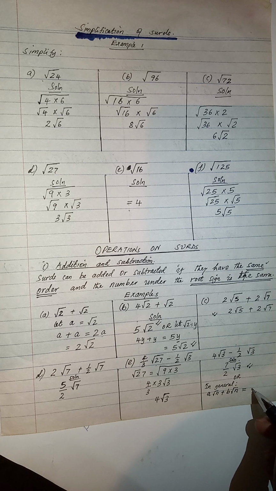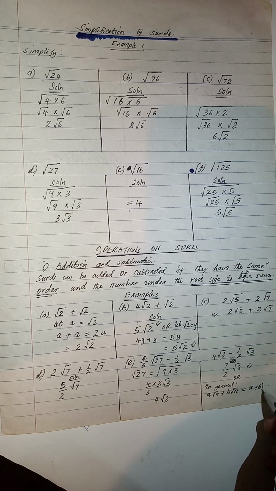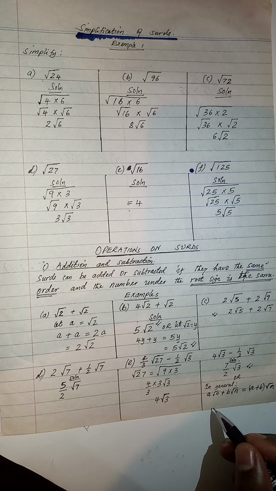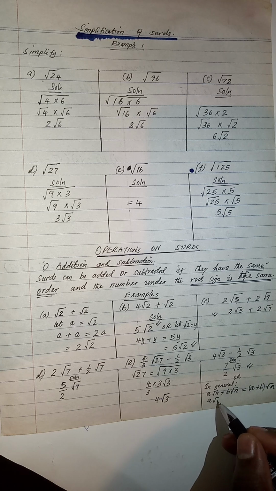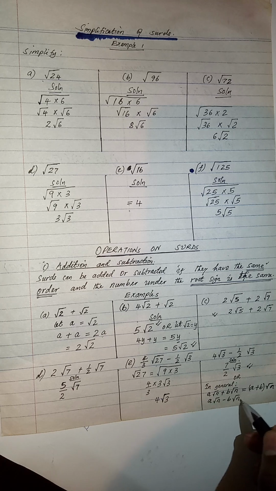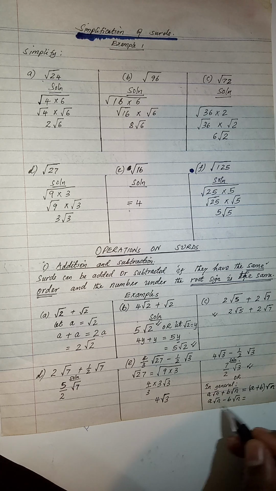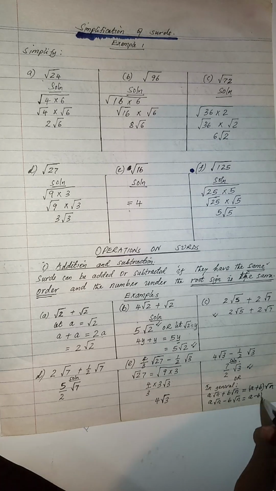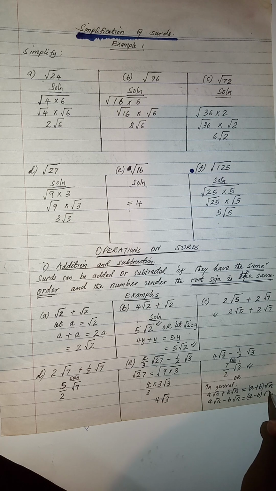This is simply the same as you add the coefficients of the surds, that is a plus b, into root n. And if you want to subtract, let's say that you have a root n minus b root n, this is simply the same as you subtract the coefficients, that is a minus b, into root n.